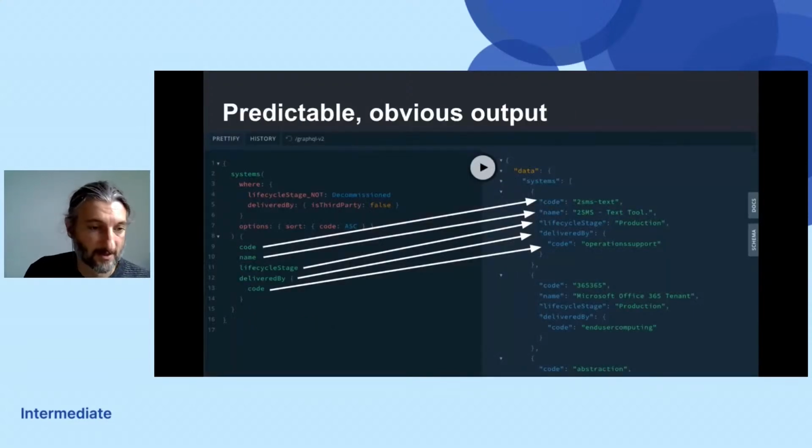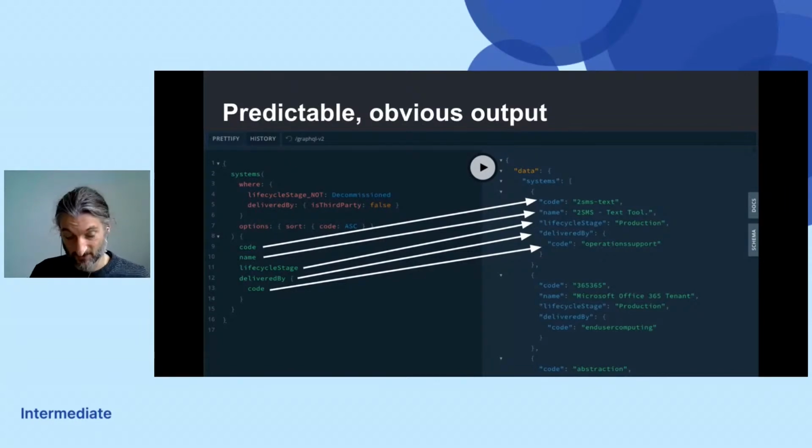Another great thing, I think, is when you query the data, you get data back which has the same structure. So here we've got a few properties with one nested, and the response data looks exactly the same. To me, this is really powerful because when you're working with graph data, something which just returns rows of data is a bit jarring, conceptually, when you're trying to manipulate the data.